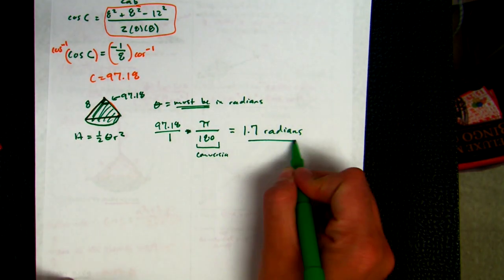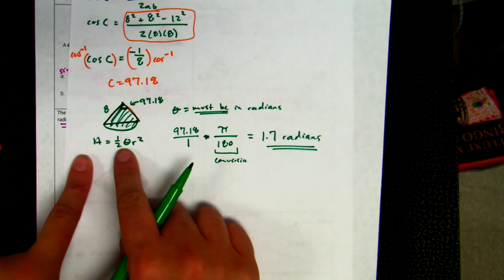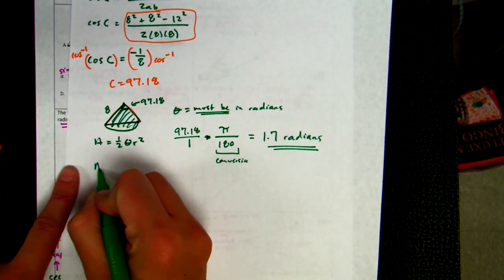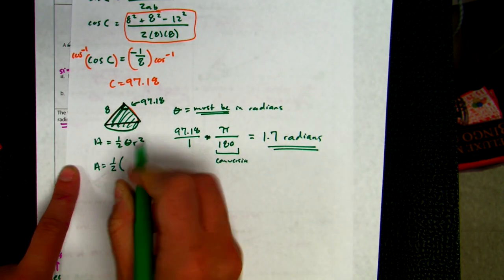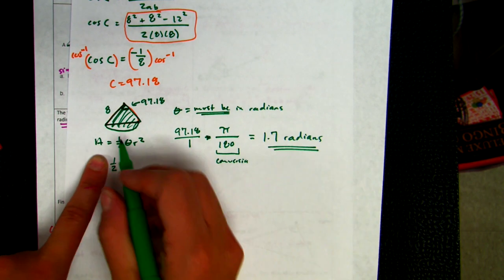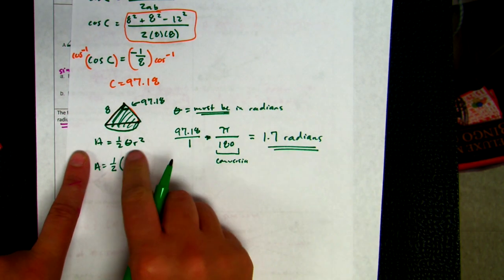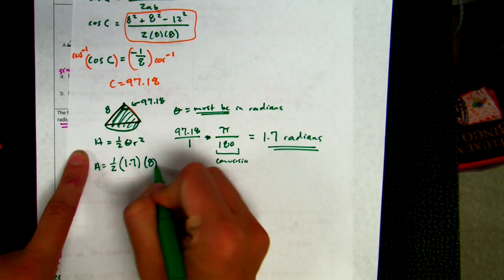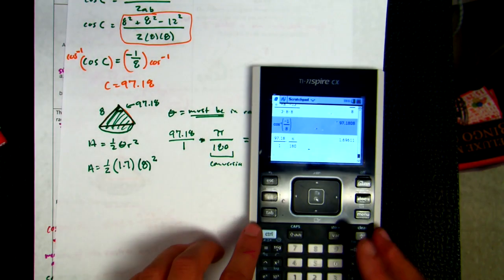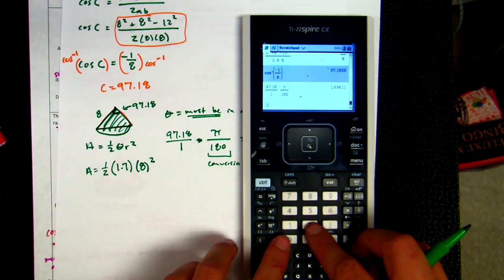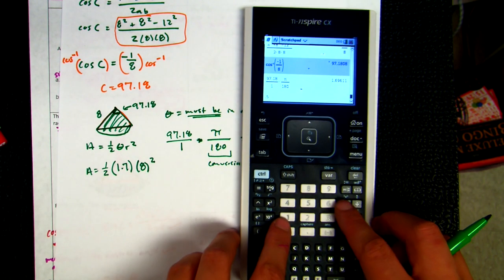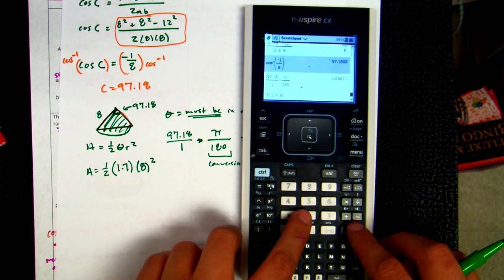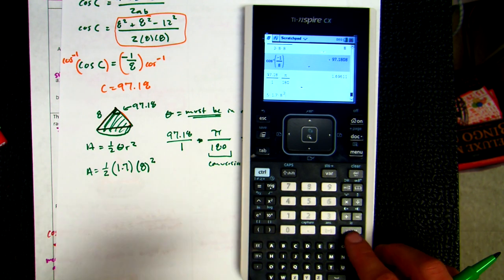That's my angle measure that I need to use for my sector area formula. So area is equal to 1/2 times theta, the radian measure I just found, times r, our radius, squared. So I get 0.5 times 1.7 times 8 squared.